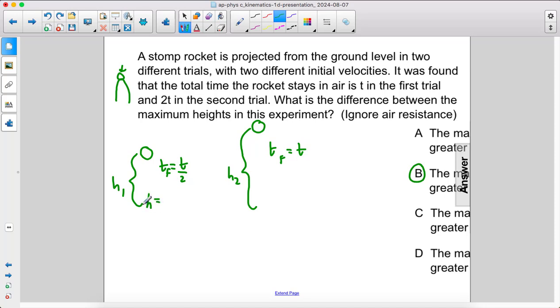The maximum height, or you could think of it like the change in y, is going to be, well, the second kinematics equation is x equals x naught plus v naught t plus 1/2 at squared. But since we're only worried about the part of the flight where it's falling from rest, that's going to help us get rid of the v naught t term. And we don't even care about the initial position.